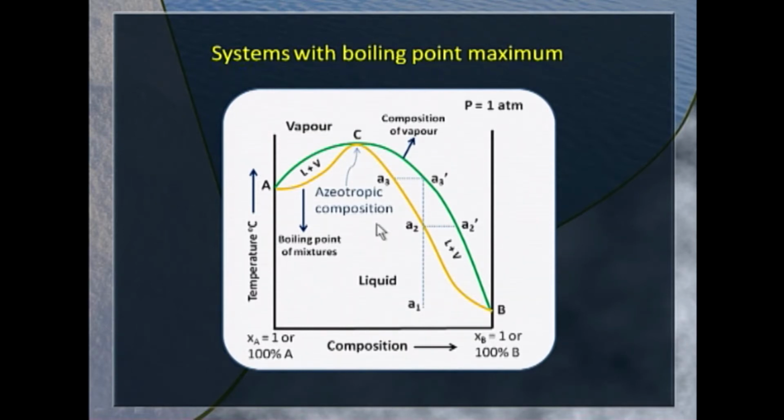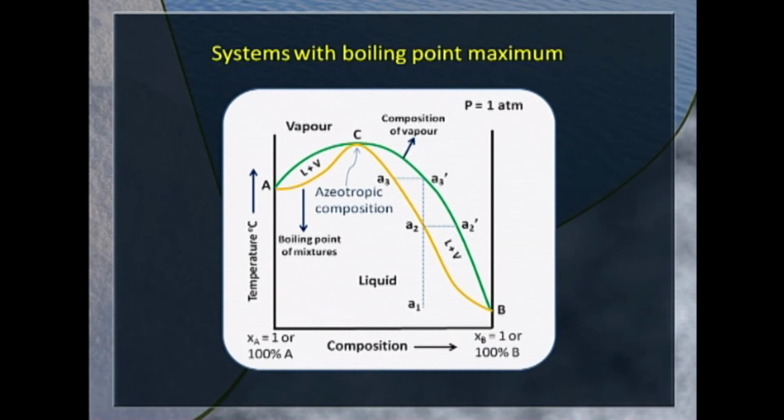The rest of the discussions are very similar. If you heat a liquid of composition A1, it starts boiling at A2 to give a vapor having a composition given by A2 prime. If you remove this vapor, the liquid composition starts drifting towards A3 and ultimately reaches the point C.